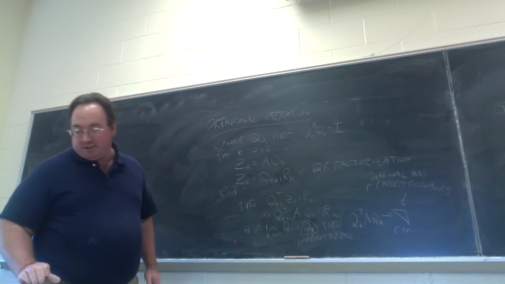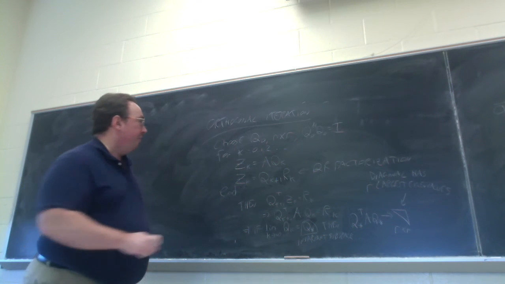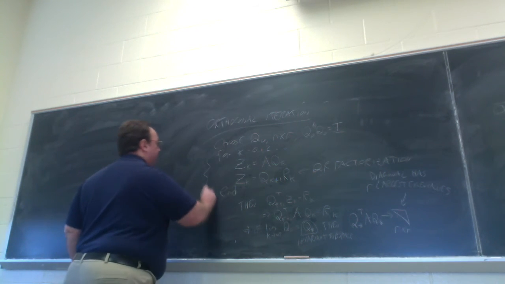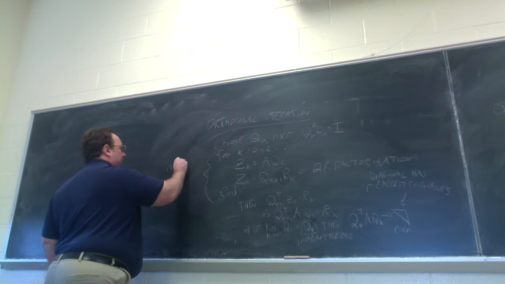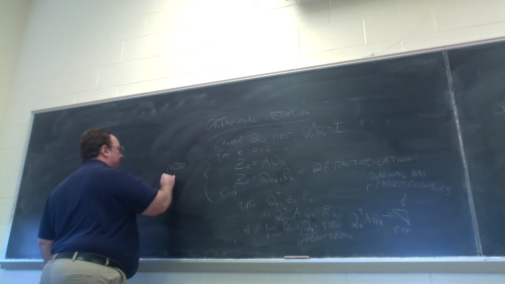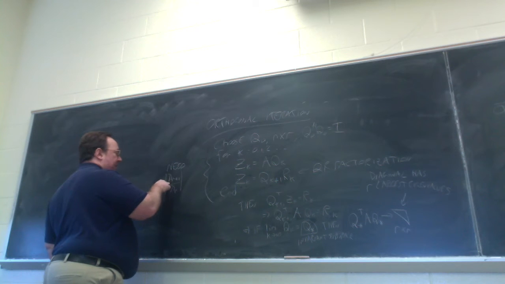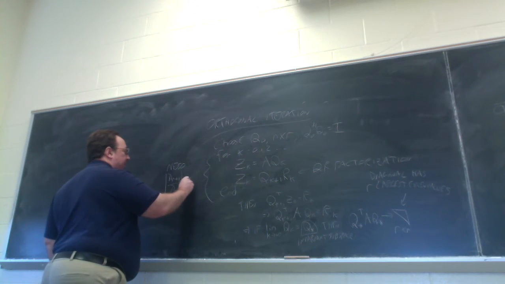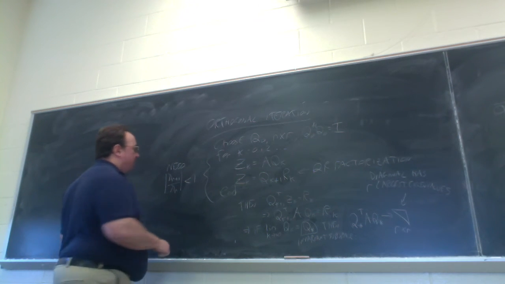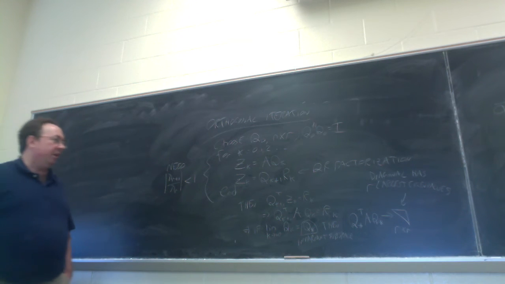So now the thing is, for convergence, we need this ratio of magnitudes of the (r+1)th eigenvalue over the rth eigenvalue to be strictly less than 1, or it will not converge.